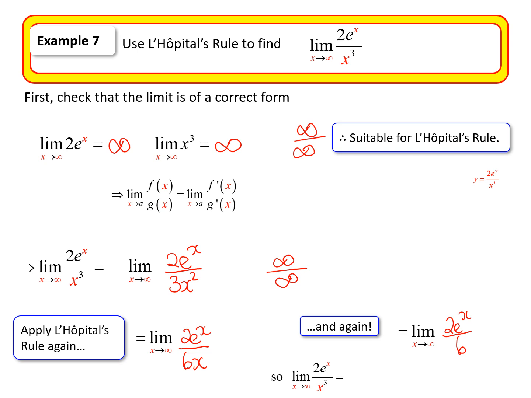Now if we put in our x, that would be infinity over 6, which is basically infinity. So therefore the limit is tending towards infinity.